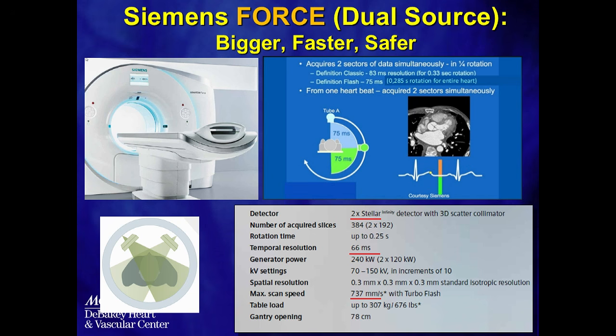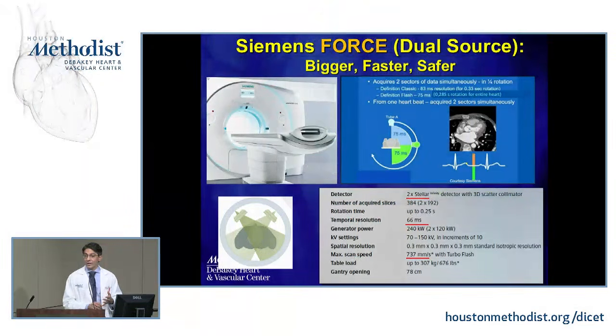Temporal resolution using this technology, with a faster gantry speed and 2 heads, is down to 66 milliseconds. So very, very sufficient for functional imaging. Table speed. The table can move 7 centimeters per second. I'll show you in the next image. So you can imagine how quickly you can acquire images.